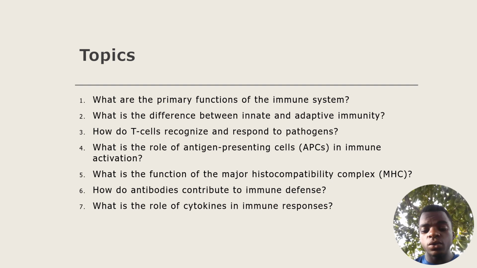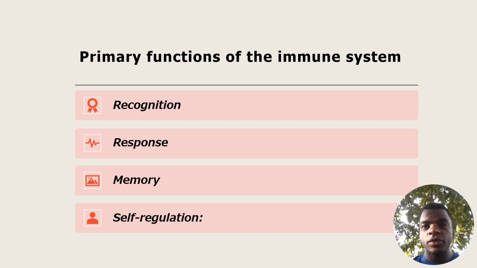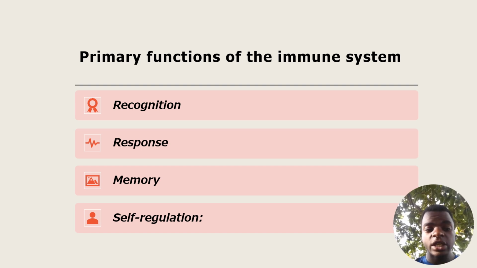Without further ado, let's dive into the presentation. Question 1. What are the primary functions of the immune system? The immune system, being the defender of our bodies, does a great job of recognizing the invading pathogens so that they can be destroyed so as not to harm the body.